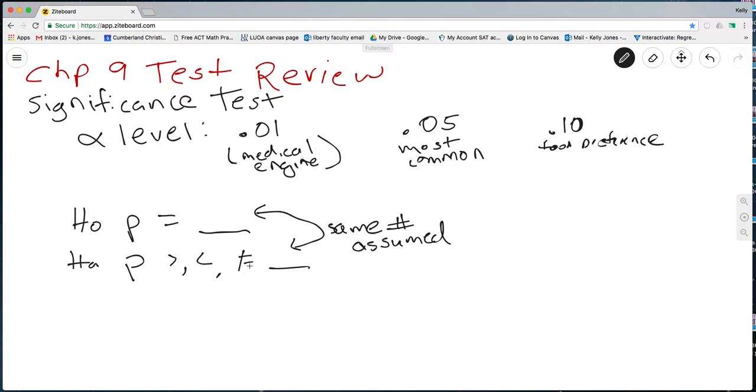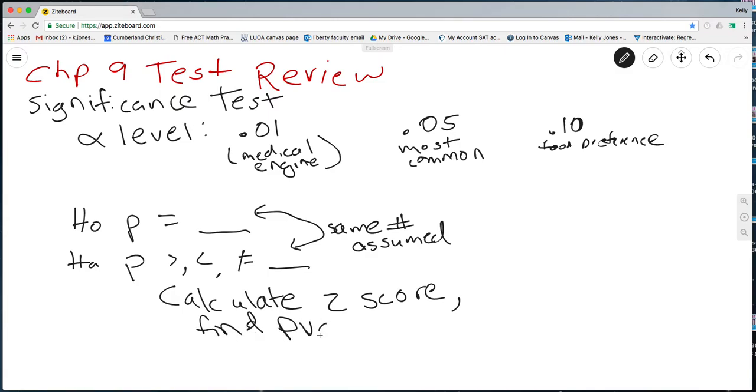All right, so once you have your H0 and HA, you would calculate the z-score. Then you would find the p-value from the table. And what you do with the p-value kind of depends on what your HA was. So if HA was less than, you use that value.